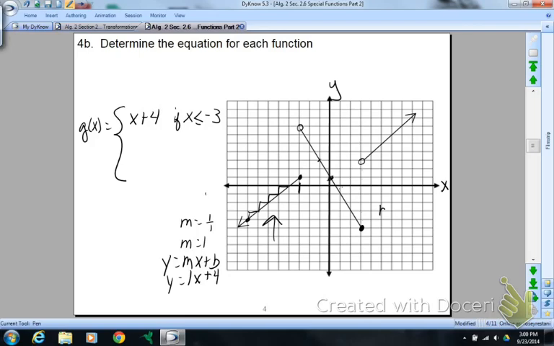So my b is 1, and I went down 2 to the right 1, down 2 to the right 1. So my slope is -2 over 1. So what is my slope? -2. So I write the equation as y equals -2x plus 1.